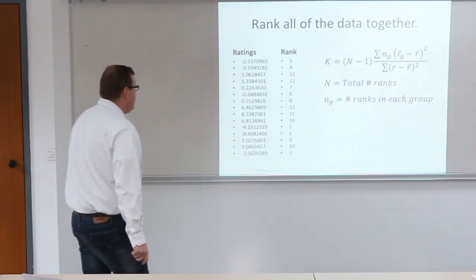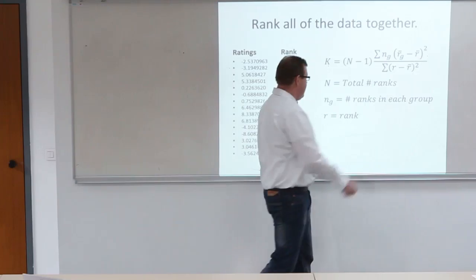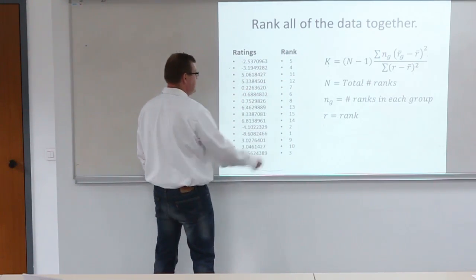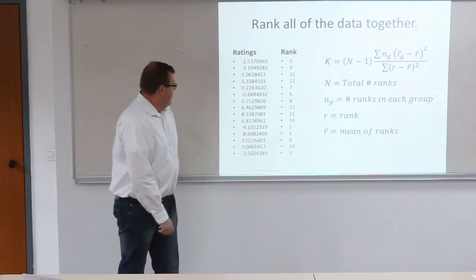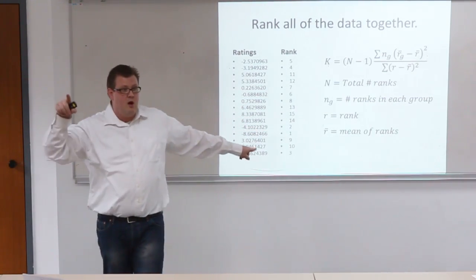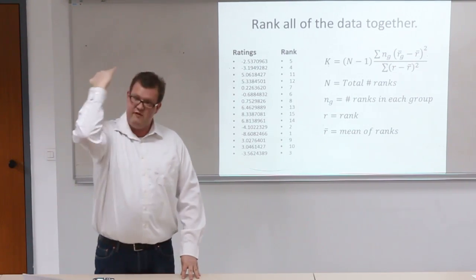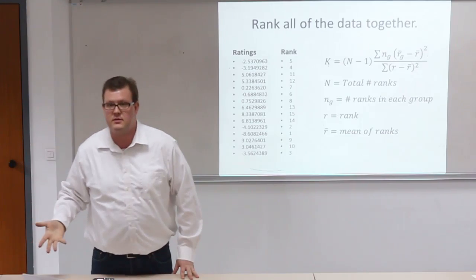Okay, so what's next? R, as we see down here, is just a rank. So here we have a rank. This rank is 12. This rank is 14. That rank is 1. This, the R with the thing over it. Remember when we used that flat line over X, that meant the mean of X, right?